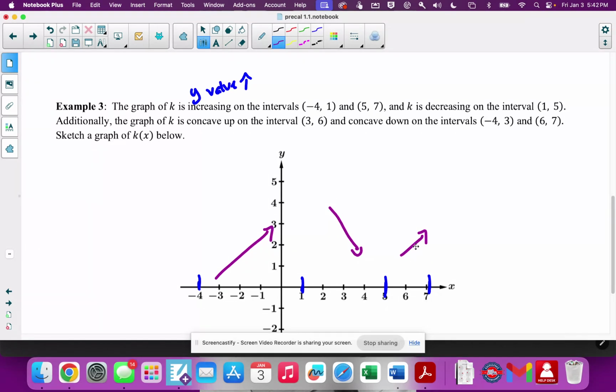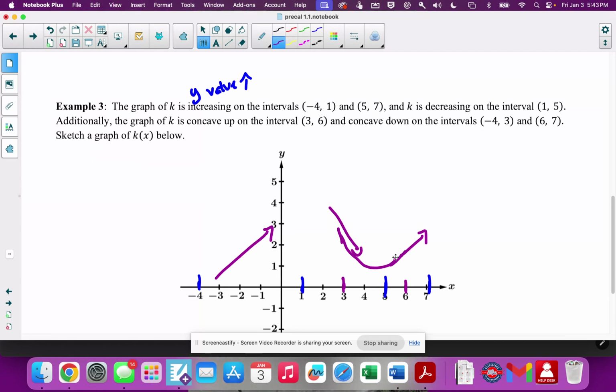All right, so it's concave up on the interval from 3 to 6. Okay, 3 to 6. It's concave up. That means that the slope is getting more positive or less negative. So that means it curves, more than likely something like that.